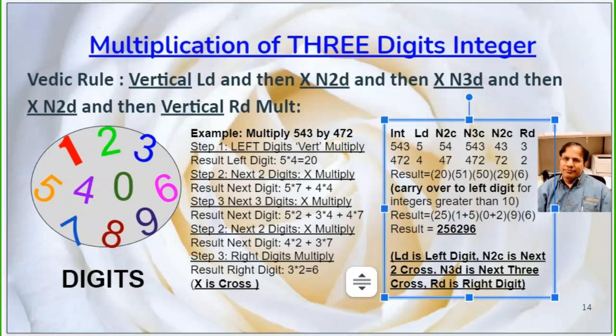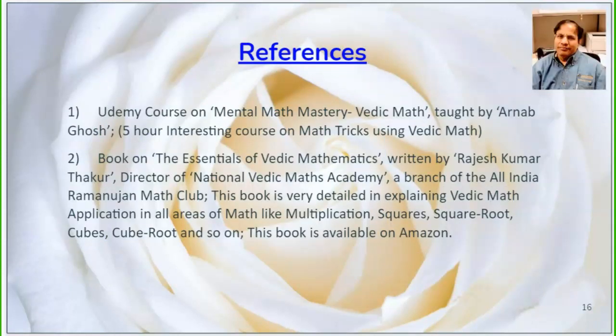So 4 times 2 plus 7 times 3, which is 29. And then we multiply the last right digit, 3 times 2, that is 6. And we perform the carryover, and so we end up with 256296.